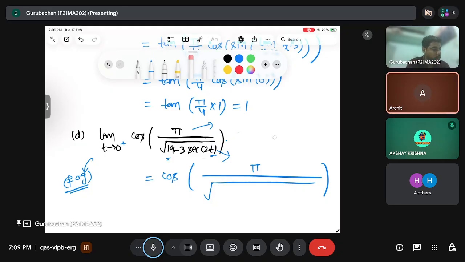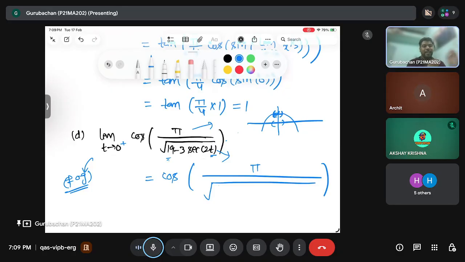No, sir. The graph of the cos function is like this. In a neighborhood of 0, it will be a neighborhood of 1. It will not be greater than 1. It will be any quantity that lies around 1. It might be 0.99, 0.9, and so on, right?